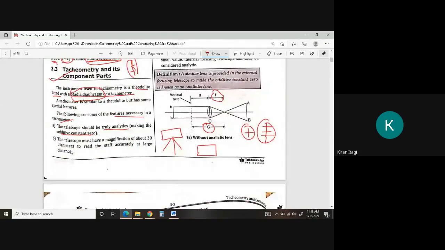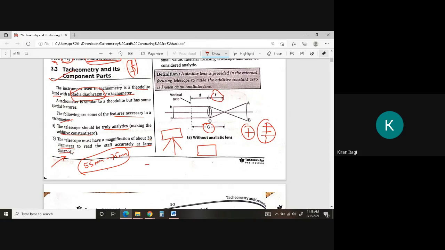The telescope must have a magnification of 30 diameters to read the staff accurately at larger distances. Means if you see a DSLR, it will be having lens sizes, I'm not sure, maybe 55 mm to 75 mm. So here also the telescope should have 30 mm diameter to have a good reading for the larger distance.